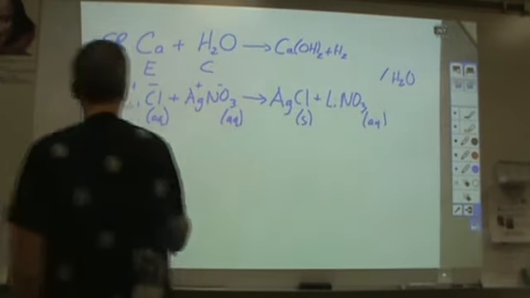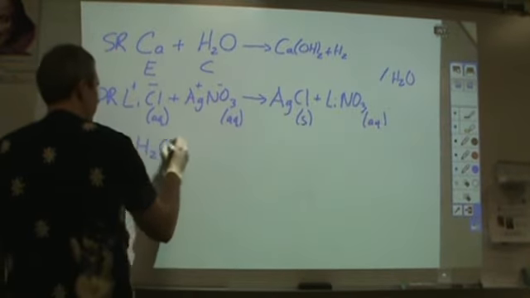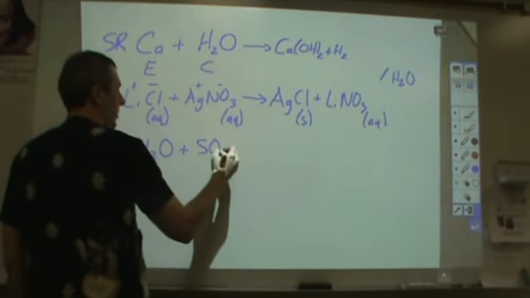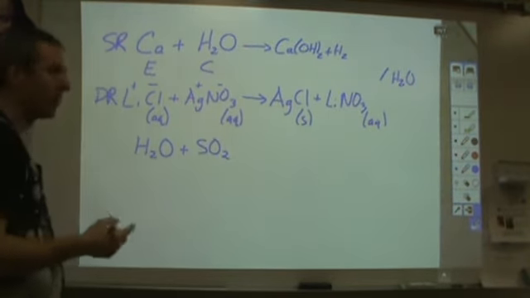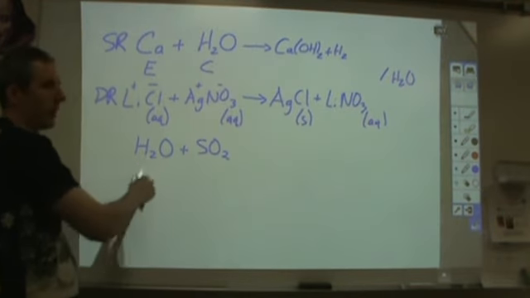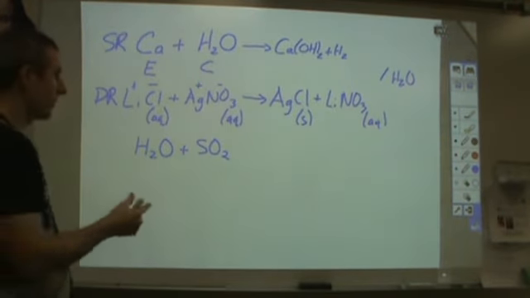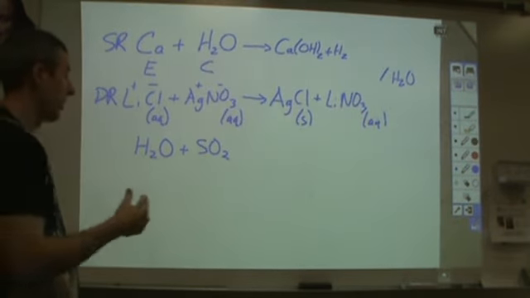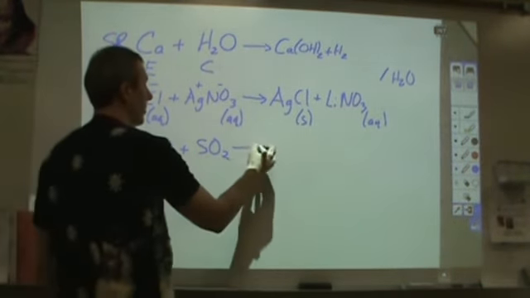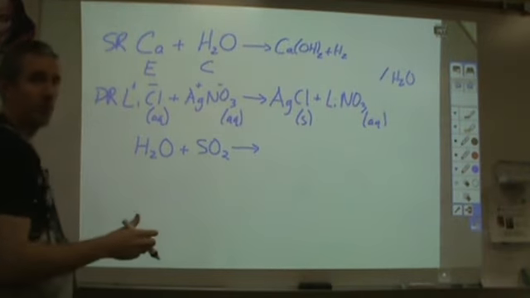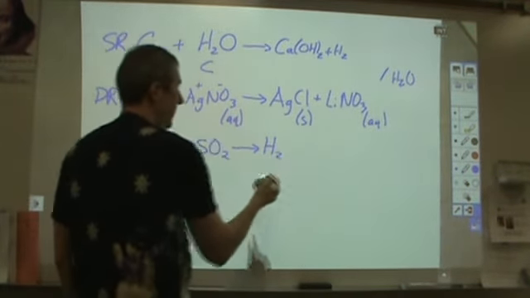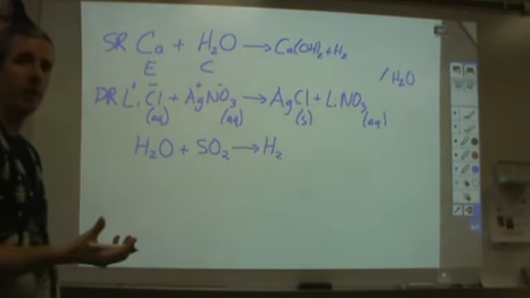Okay. One of the trickiest ones that I find is when we take something like water and we add it to, let's say, SO2. So water and SO2, so I have oxide plus water, that's synthesis. So this, a lot of people will take for a double replacement because it's two compounds. But that's the one exception to that rule. So for this, I'm going to make an acid. Okay, when you make your acids, usually it's best to try and see if you can just literally add the things together.